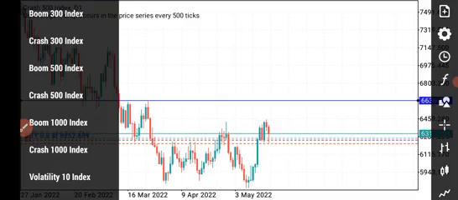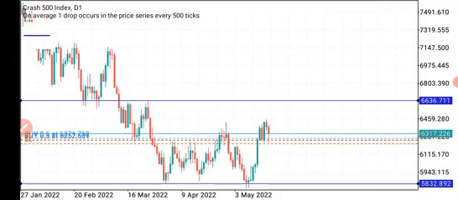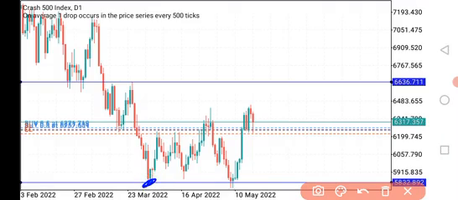And this is my own low here. So unless price breaks this low or closes below this, I will still consider this place as my high. Do you understand? That's for me.